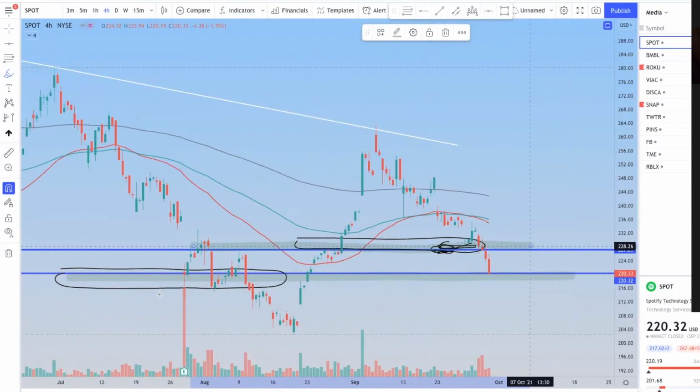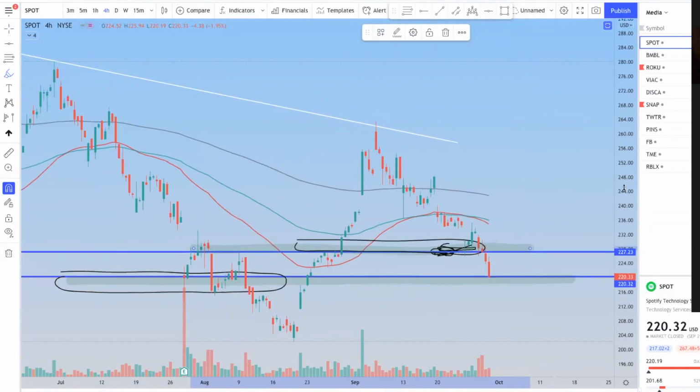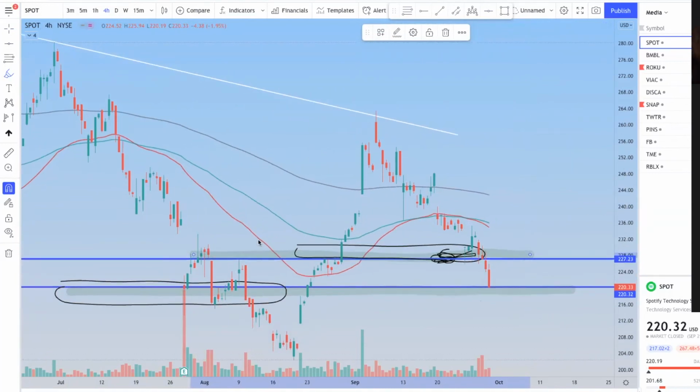okay, so let's check if it's any good. So here, yeah, it does make sense because we don't have any data after that. That's today. So that could be support. Here it was support. Here was consolidating kind of.